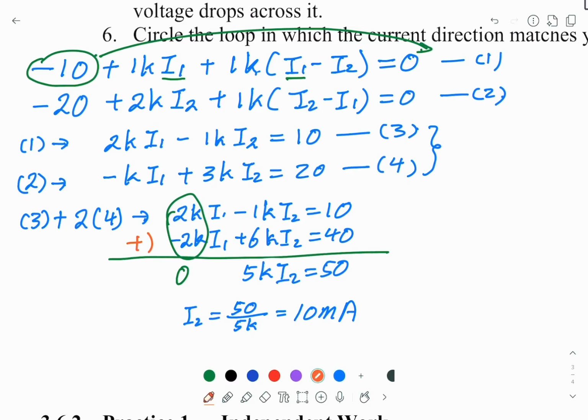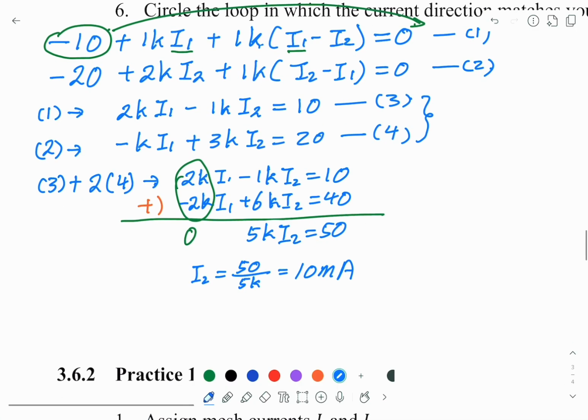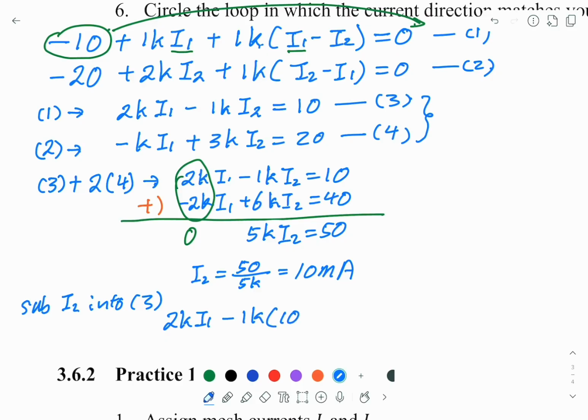Now I put the A in the final stage. Next, we want to find I1, so we substitute I2 into equation 3. So 2k I1 minus 1k times 10 milliamp equal to 10. Again, k times milliamp multiply equal to 1.